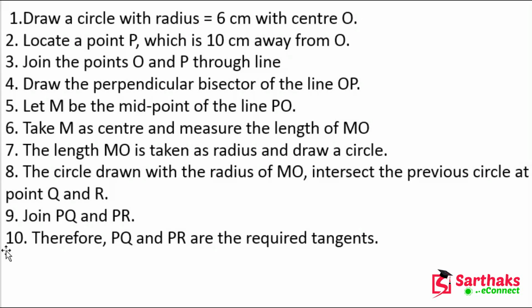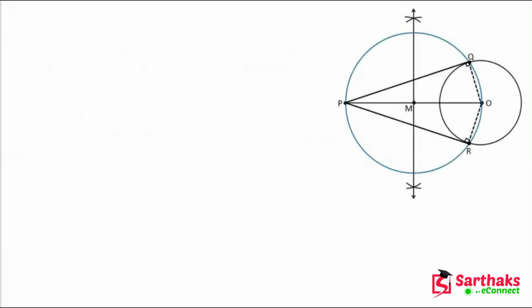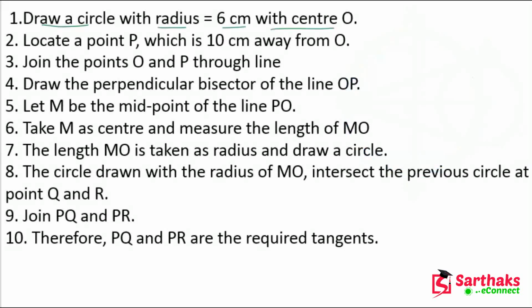The first step is to draw a circle with radius 6 cm with center O, like this. Now in this case we are drawing a circle, circle C1, of radius 6 centimeter with the help of a compass.